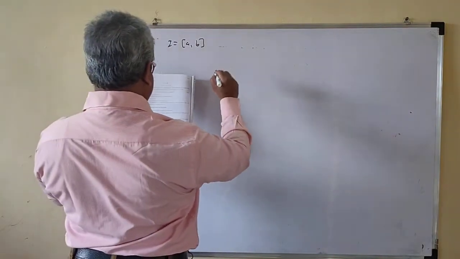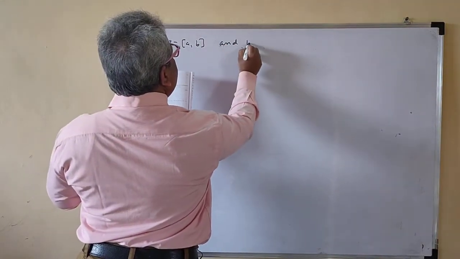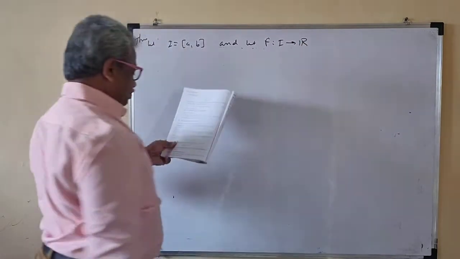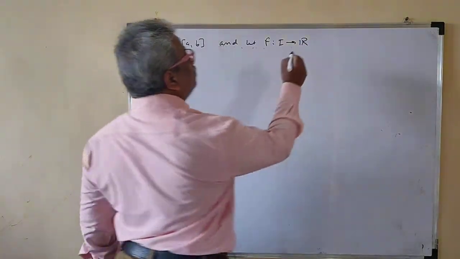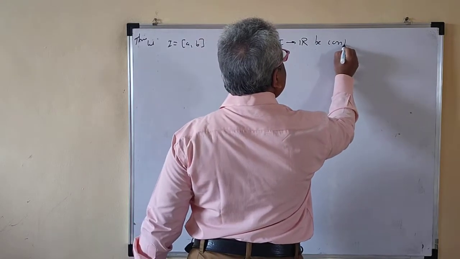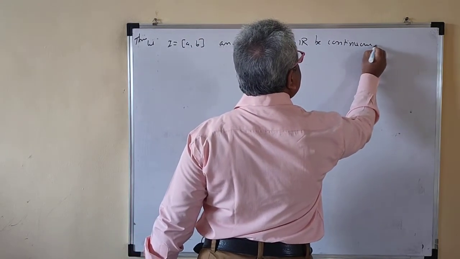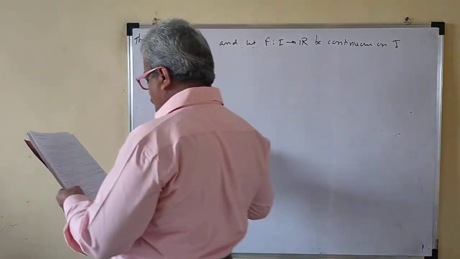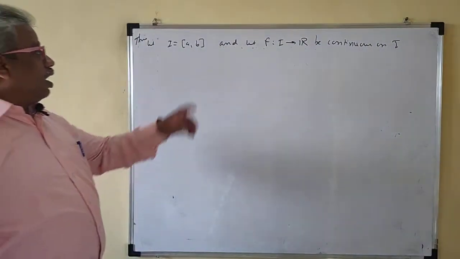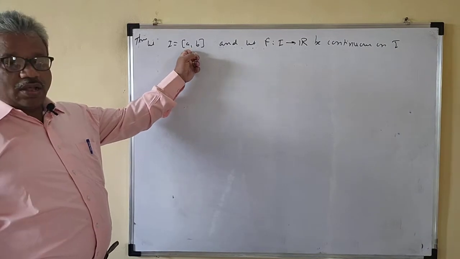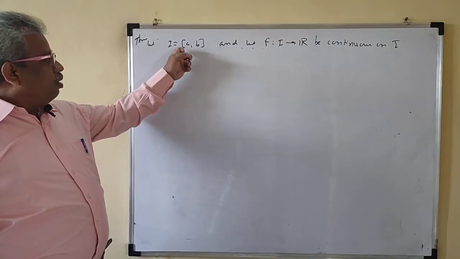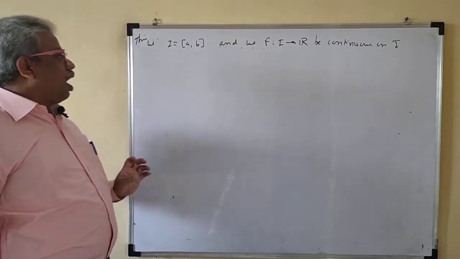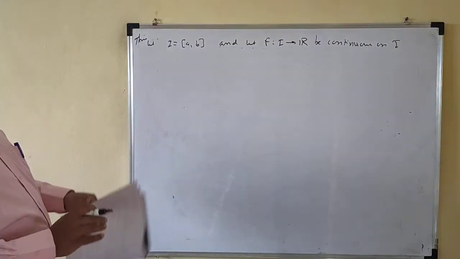Let f from I to R be continuous on I. That means f is continuous everywhere on the closed interval [a, b].